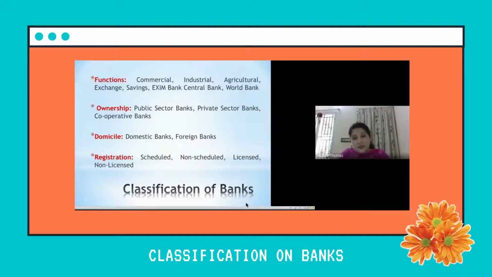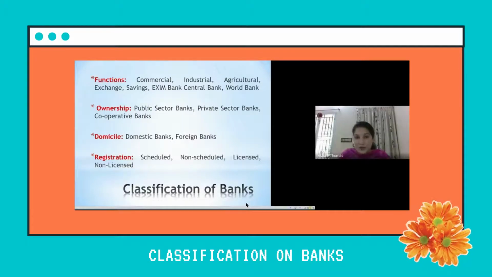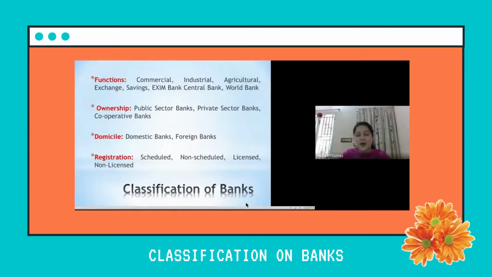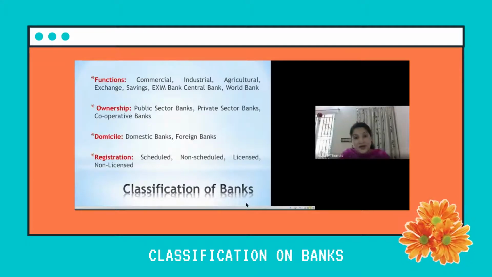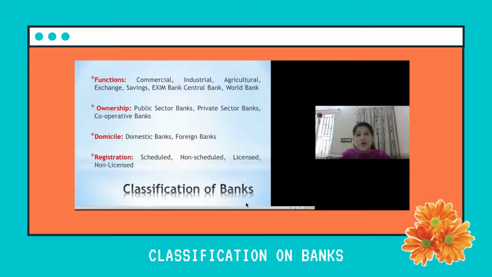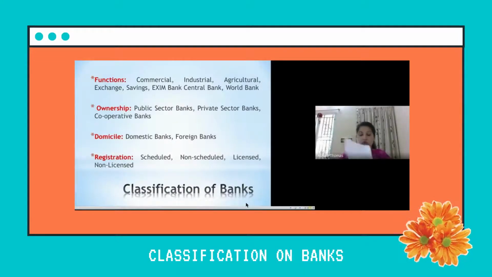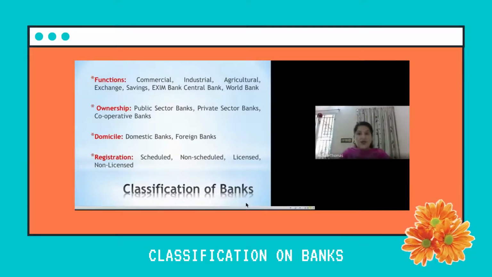They want to assist those nations to come up and compete with the other nations across the globe. So that's why World Bank, or the International Bank for Reconstruction and Development, is aiming at the development of the world economy as a whole. Primarily, they render financial assistance to those who are in need of it.